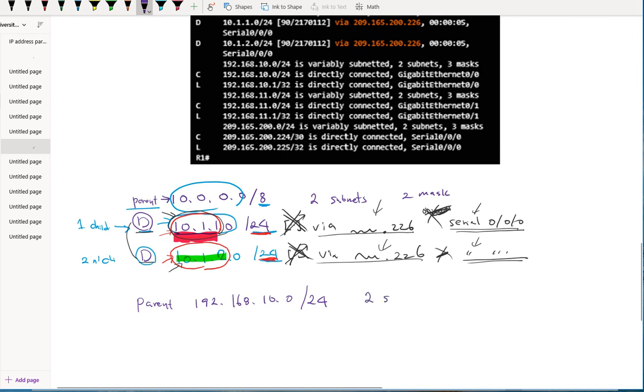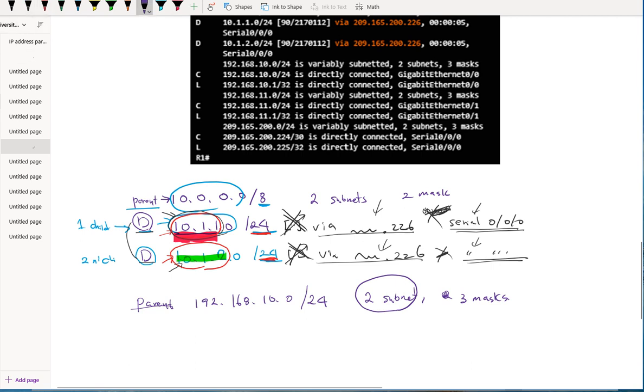There are 2 subnets, and then it says 3 masks. Since it's a parent, you have to pay attention to that. You have 2 subnets, so that means we're going to have 2 children.